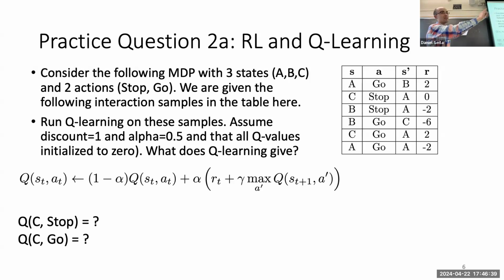We have nothing here, everything is 0, so this is 0. But you still have 1/2 times 2, which is 1. So after the first iteration, you get Q of A, go is 1.